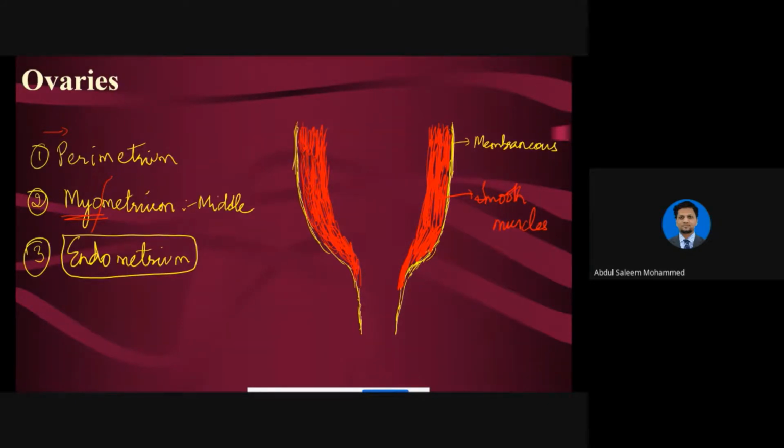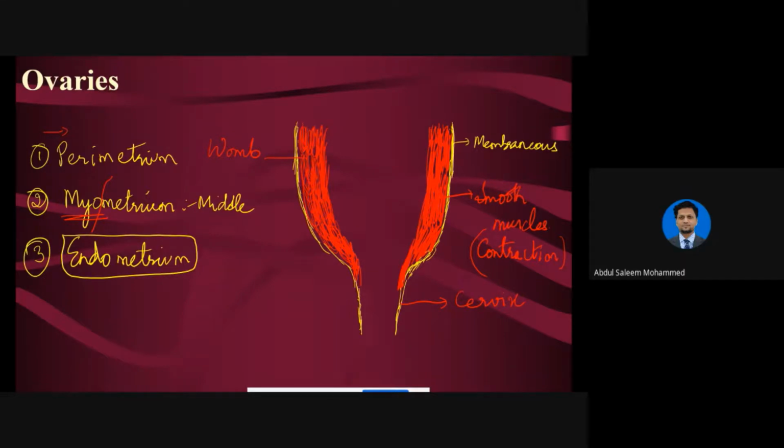That means when the baby is delivered outside, at that time, this layer gets highly active. The contraction of these muscles takes place, and because of this contraction, the baby is pushed out from the cervix. So this is the cervix, and this part of the uterus, you call it the womb, which is the broad and expanded part.